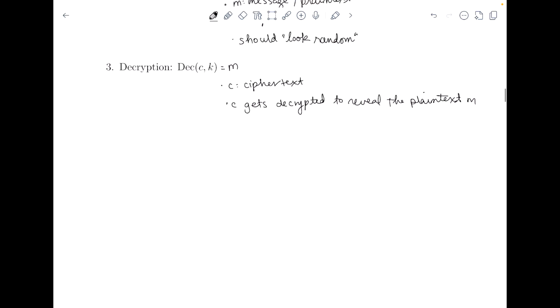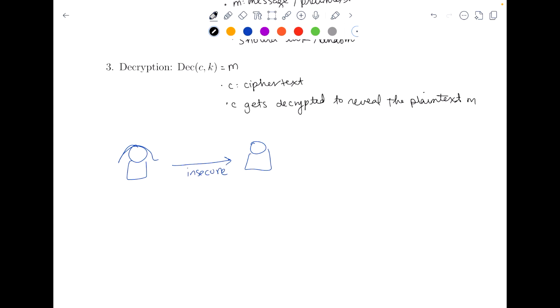And going back to thinking about Bob and Alice, I said that they had an insecure channel between the two of them, but earlier they must have somehow shared a key. So the way I often think about it is that there was a secure channel.